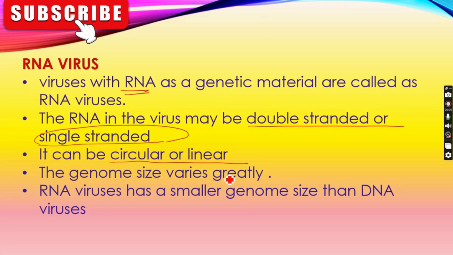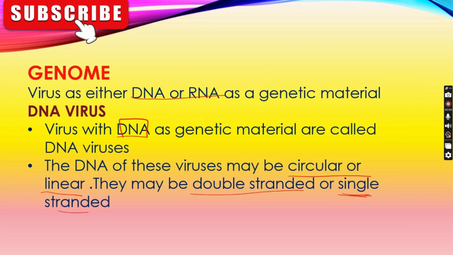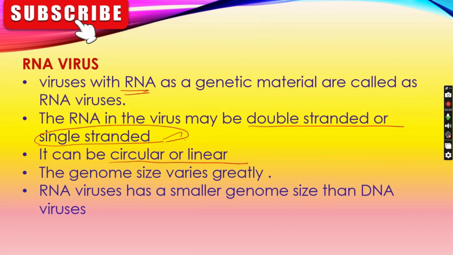The genome size of RNA viruses can vary, and because it is single-stranded, the size also varies. RNA viruses have a smaller genome size than DNA viruses. Most of the DNA viruses are double-stranded and most of the RNA viruses are single-stranded, as is most prevalent.